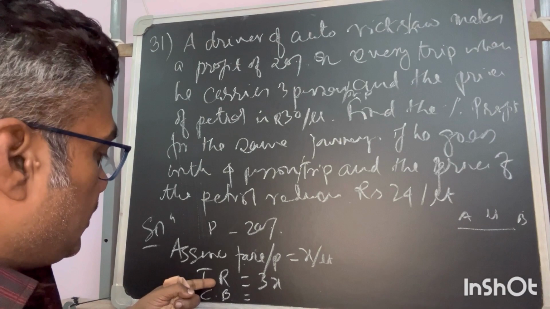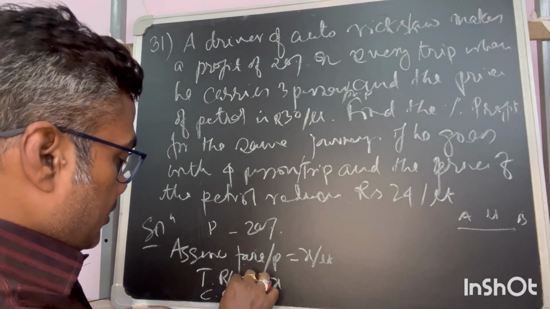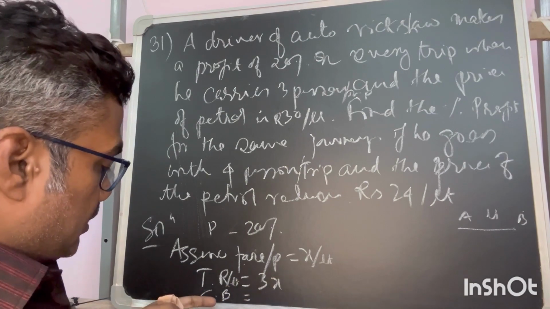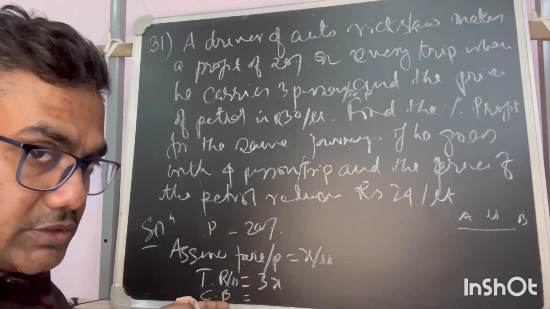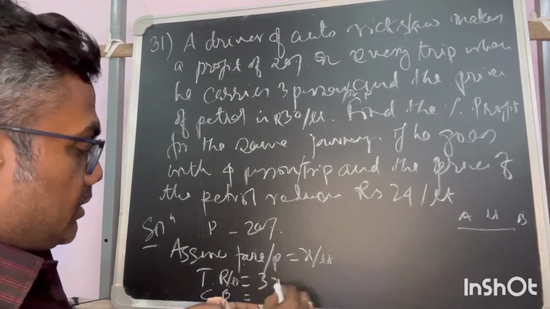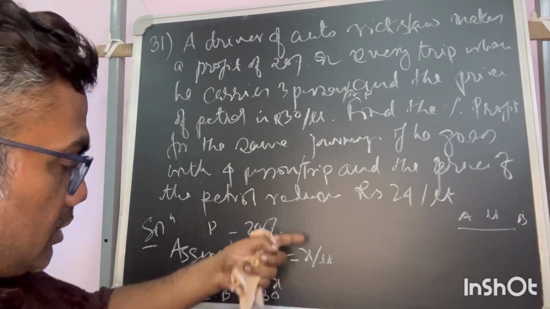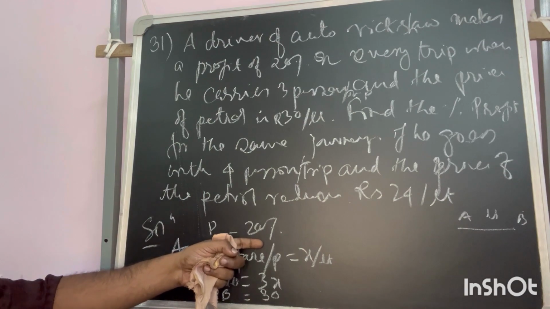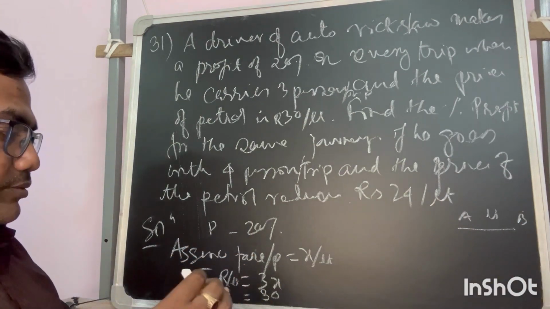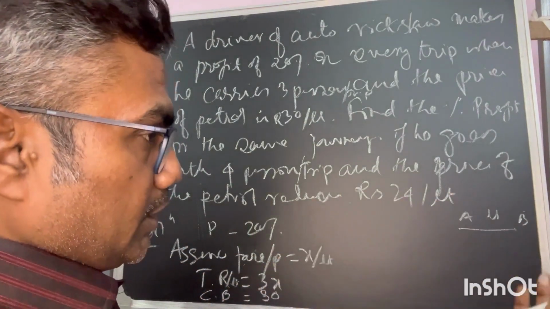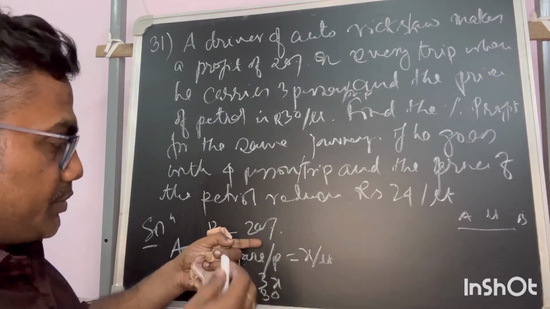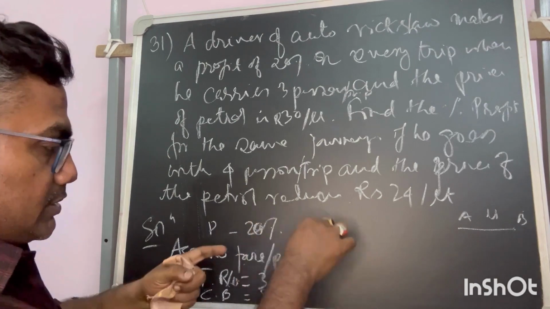So total receiving per liter is 3X, and the total cost he is paying per liter is 30. The profit would be proportionate, whether I consume 1 liter or 10 liters, so the percentage profit is the same always.